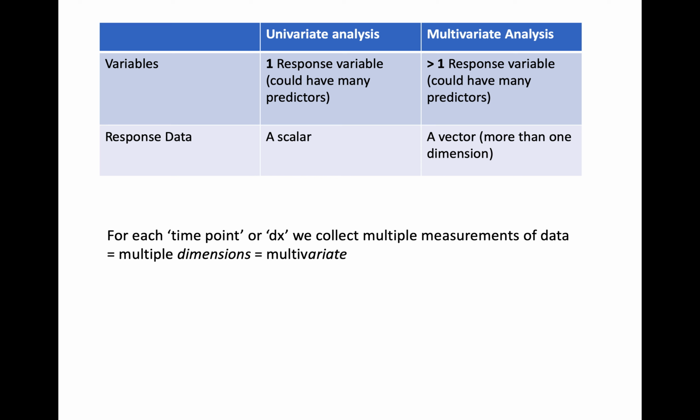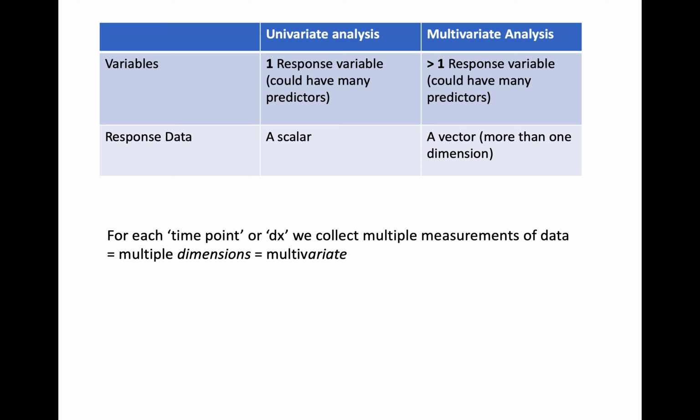So I want to create an analysis that can take all of those responses into account. This time our response data is a vector, which is why we waited until this point to talk about it, because now you know that a vector has more than one dimension. So if previously all my responses were scalar, now I have a response that is a vector.